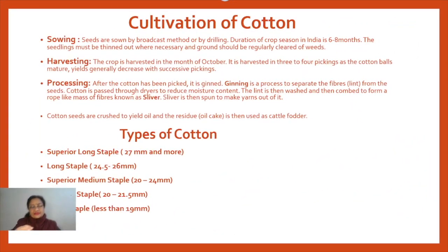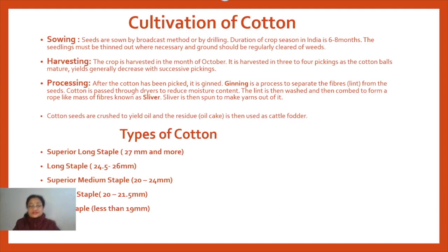Finally, if we look at the states which contribute the most to cotton production, almost 72% of the total area and 60% of the total production of cotton in the country is contributed by just 4 states.